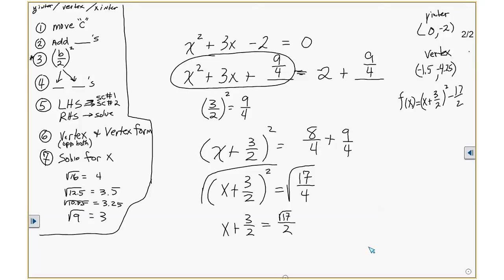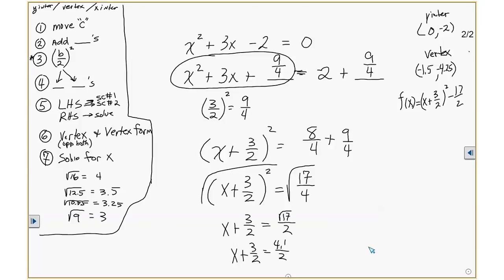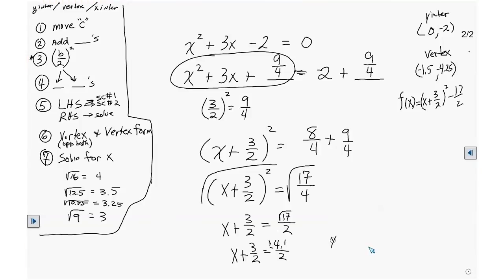Now this is some hard math right here, because the square root of 16 is 4. So the square root of 17 is just incalculable. X plus 3 halves is equal to 4.1 over 2. And that's positive and negative. So your x-intercepts, x is equal to positive or negative 4.1 minus 3 over 2.